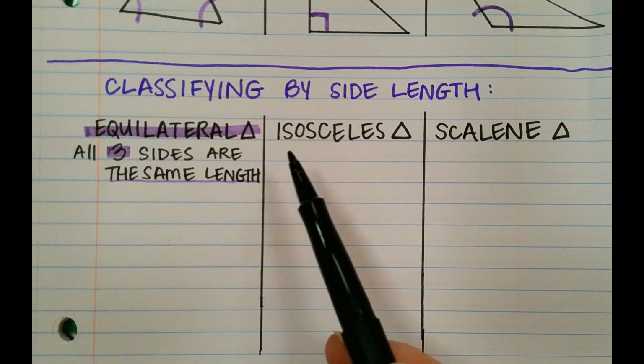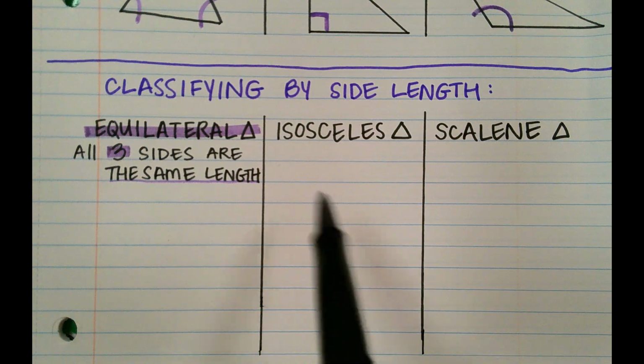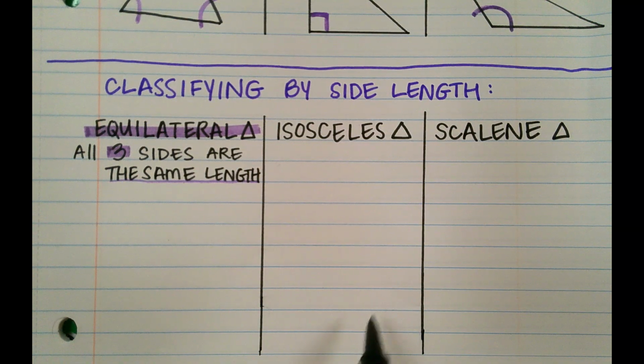Next, we have isosceles. Does anybody know what an isosceles triangle is? Is that the exactly 90? Not quite. This one has to do with the side lengths.